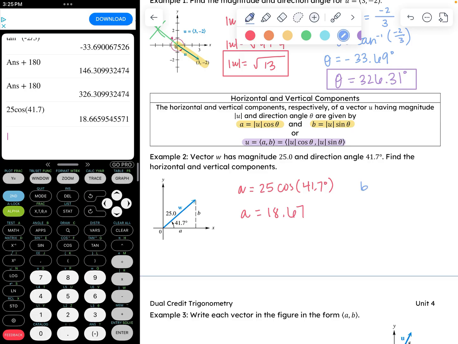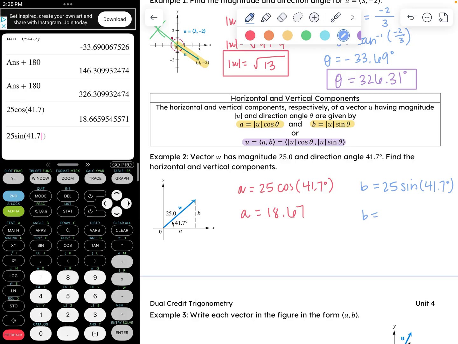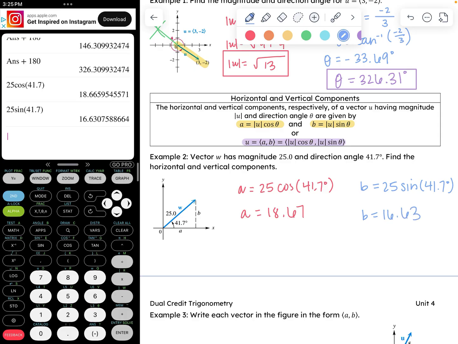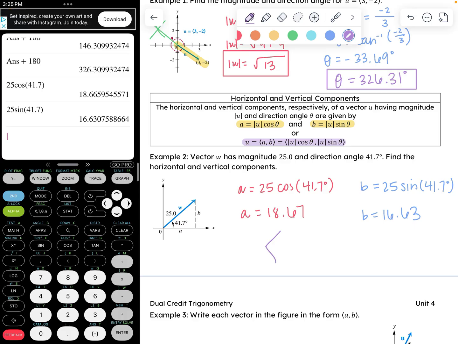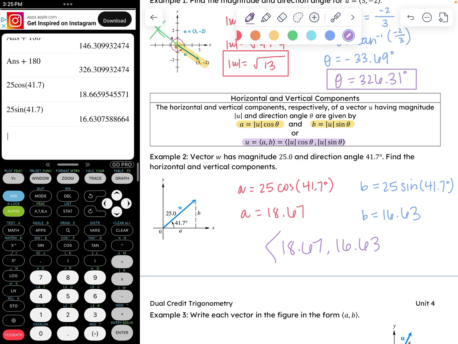Then for B, the vertical component, I'm going to do 25 times the sine of 41.7 degrees. So 25 times the sine of 41.7 degrees gets me 16.63. So I'm going to plug that into my ordered pair, 18.67 comma 16.63, and there's my answer.